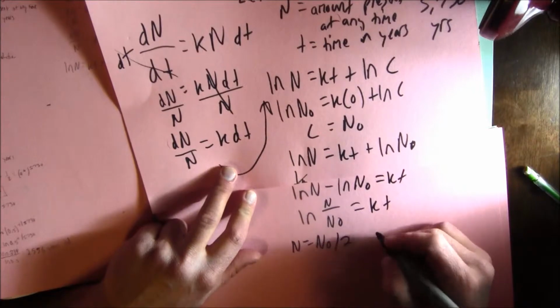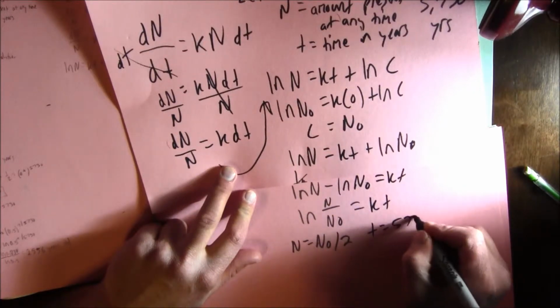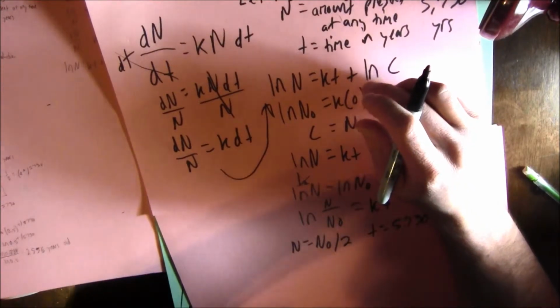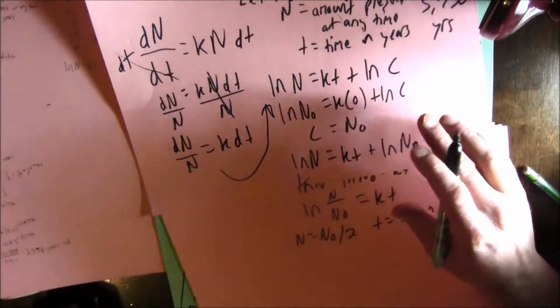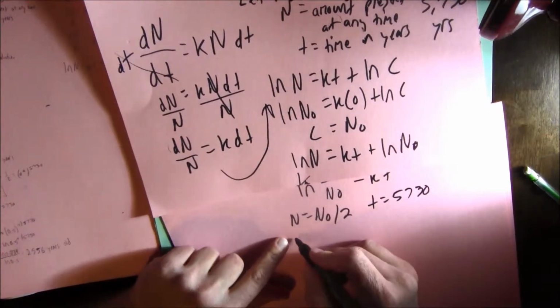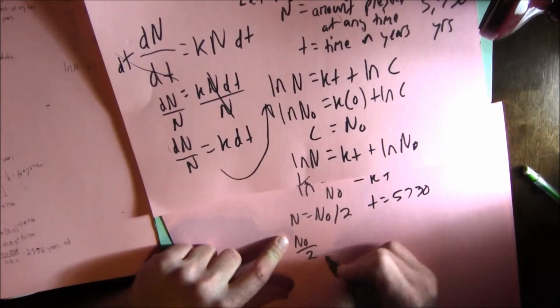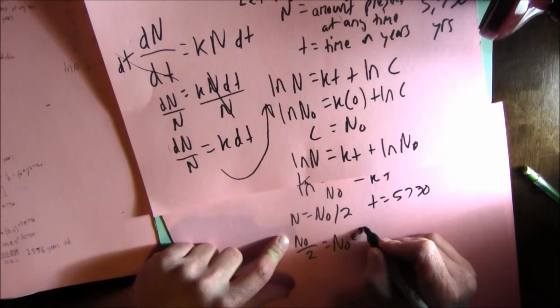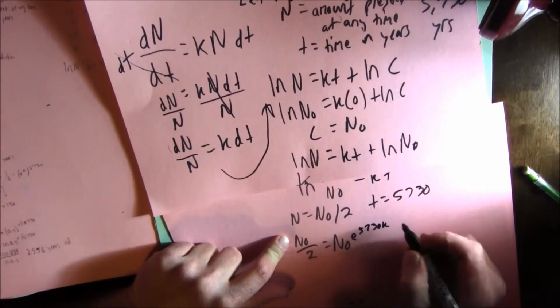So this gives us something really cool: N0 over 2 equals N0 times e to the k t. You remember this stuff?